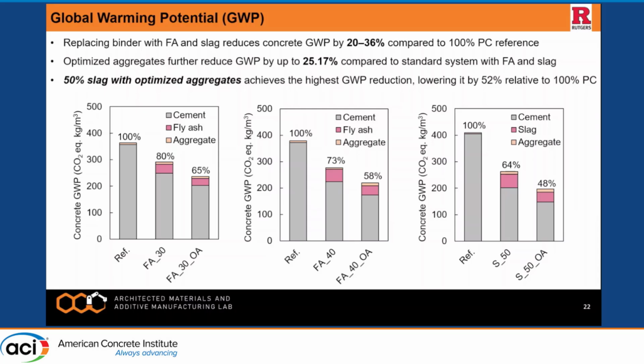With the slag, this number goes to 52% with the optimized aggregate and optimized concrete mixed design. Just with the aggregate optimization, you can get up to a 27% decrease in the global warming potential in these types of systems.